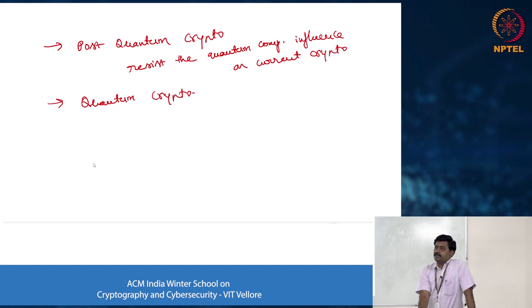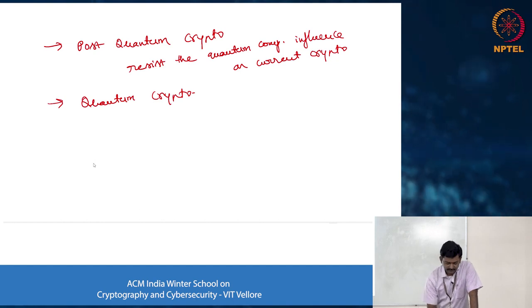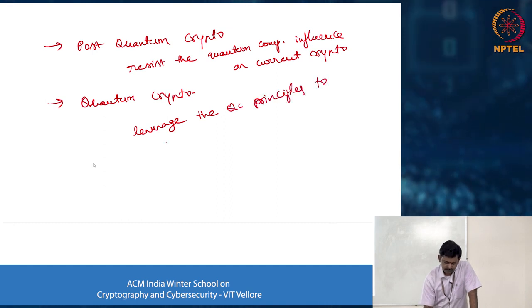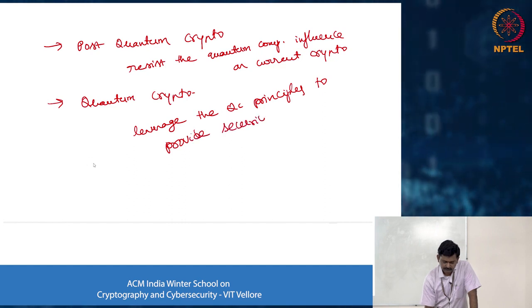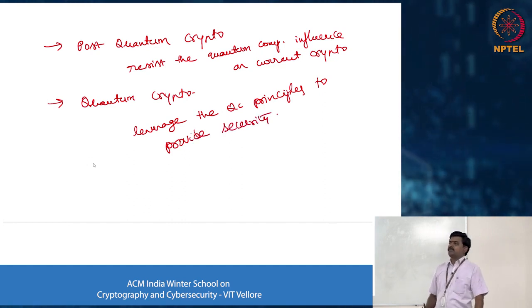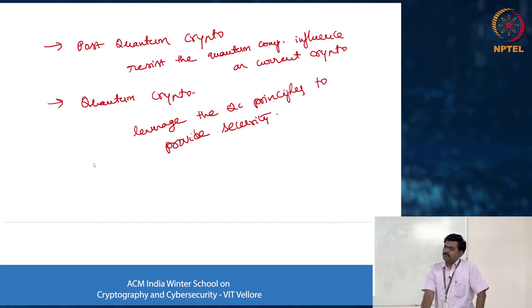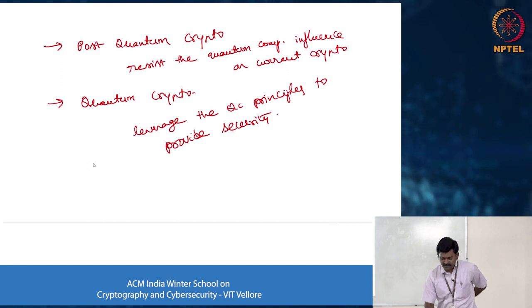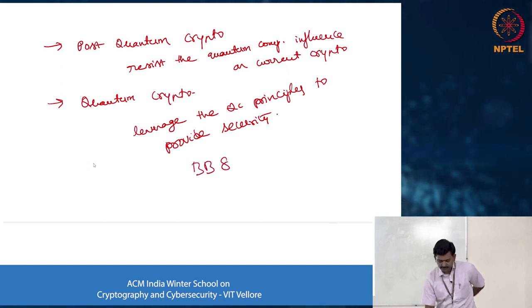What is quantum cryptography? Quantum cryptography is about how I leverage the quantum computing principles to provide security. Okay. The most popular algorithm of quantum cryptography is the BB84 algorithm.